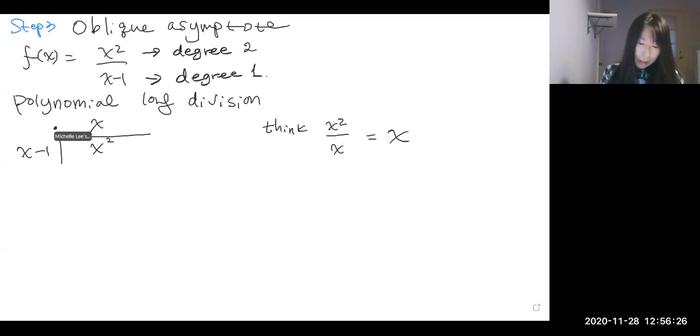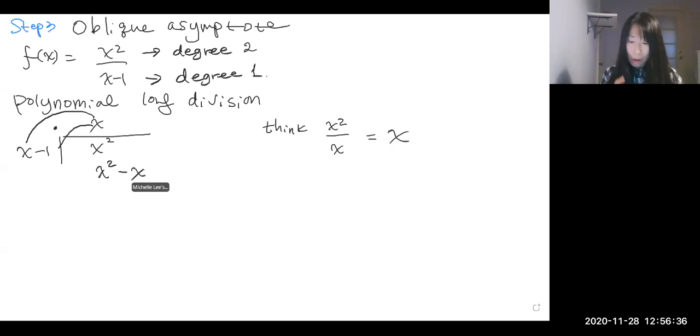Now we multiply the first term, which is x squared, and the second term is minus x, okay? But look, there is no x term, so I want to write down a 0x term here.